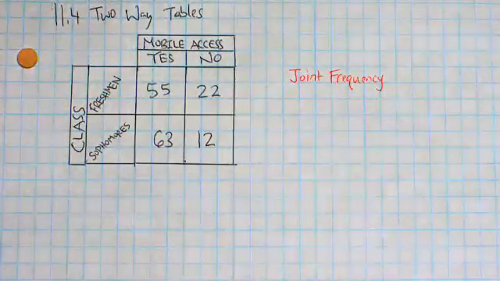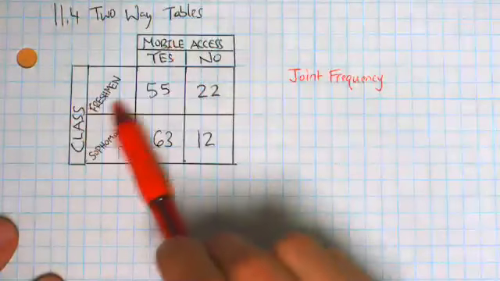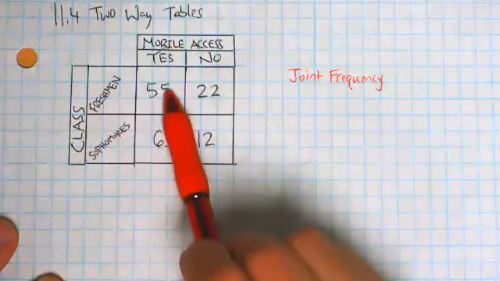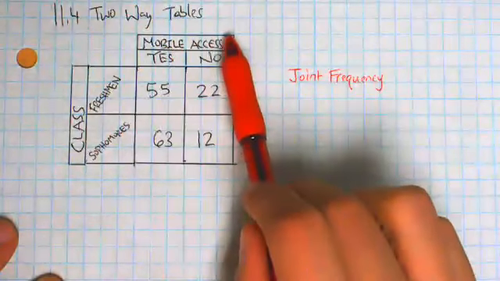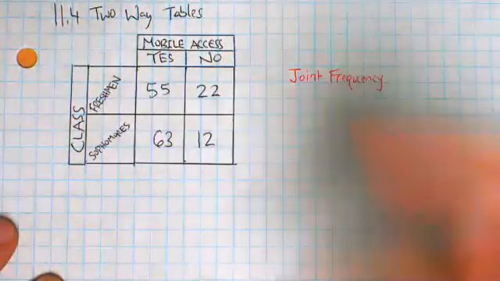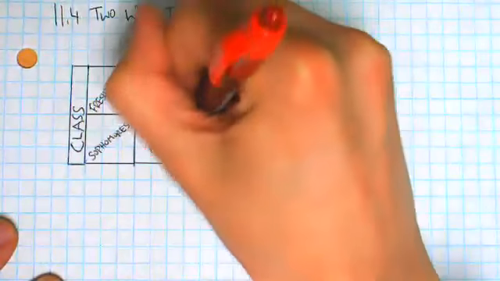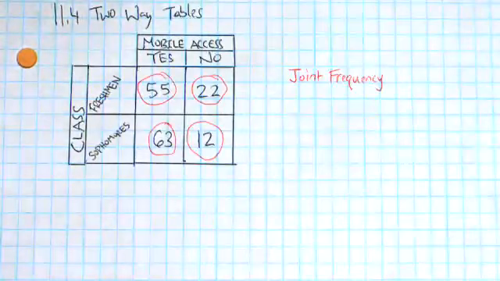So when I'm describing this intersection, it would be the intersection of people who have mobile access and who are freshmen. So this is a joint frequency, just as there's a joint frequency between the people who do not have mobile access and sophomores. So 55, 22, 63, and 12 are all joint frequencies.